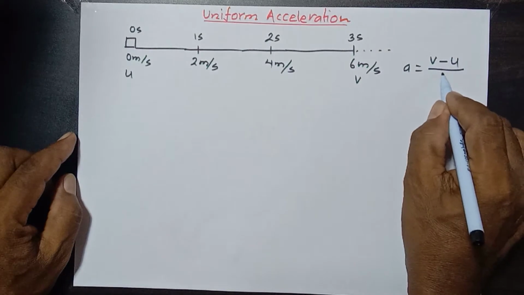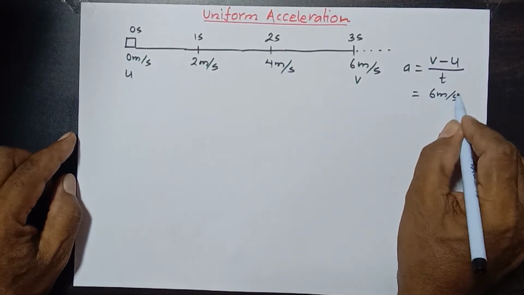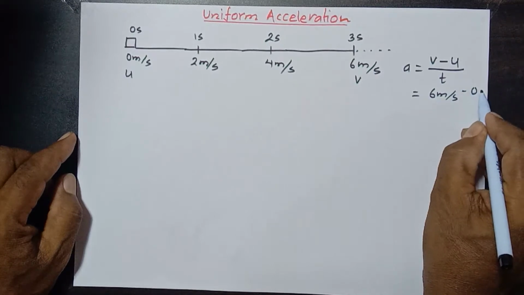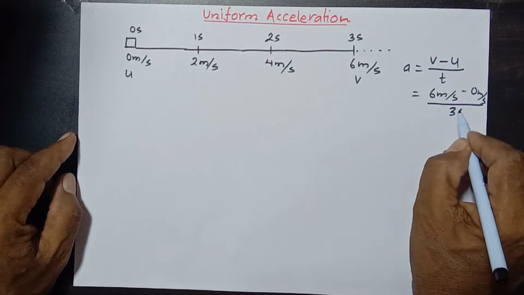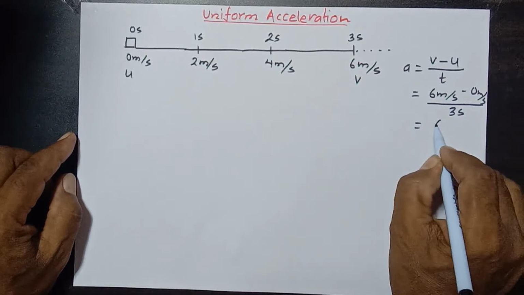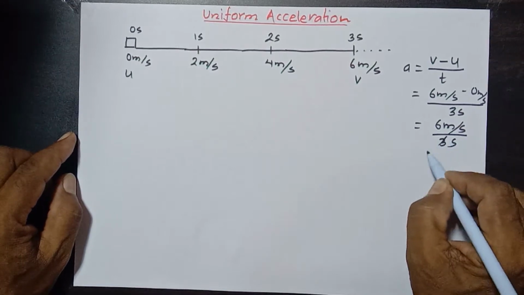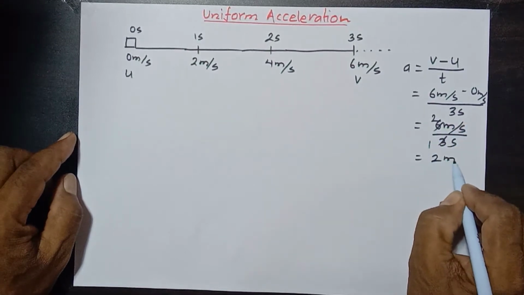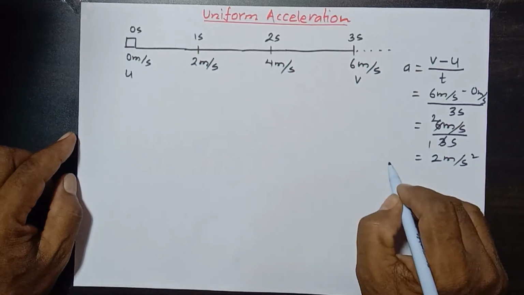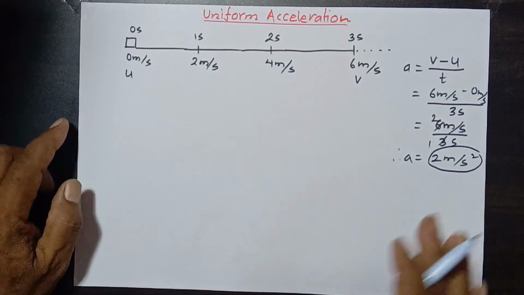This is the time taken, and v is 6 meter per second, u is 0 meter per second, and time taken is 3 second. This is equal to 6 meter per second divided by 3 second. 3 1s are 3, 3 2s are 6. This is equal to 2 meter per second square. Therefore, acceleration is 2 meter per second square.